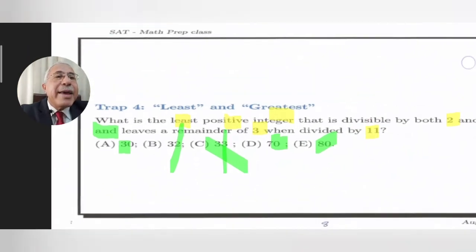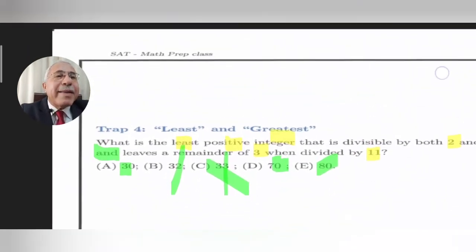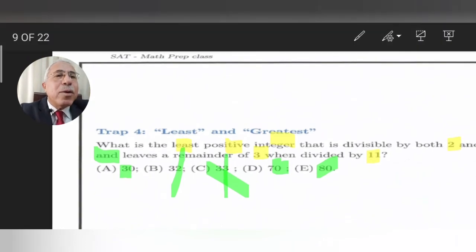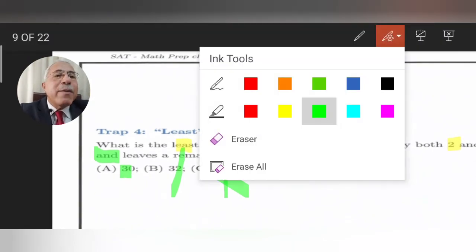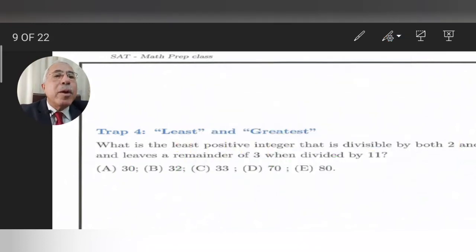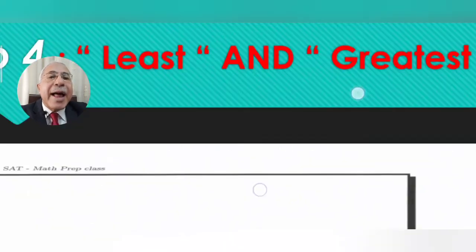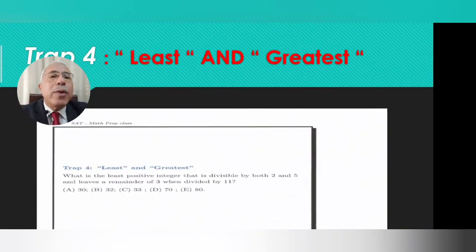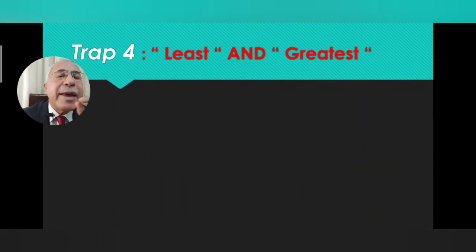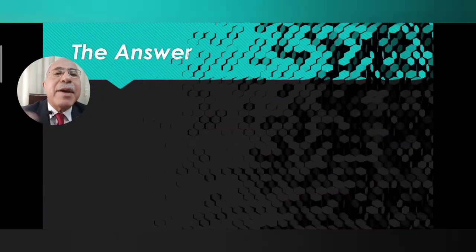This way, I respected whatever he asked me to do. So what I will do now, let's move to the answer to see. I solved it with one method. Let's see what we have here for the answer.